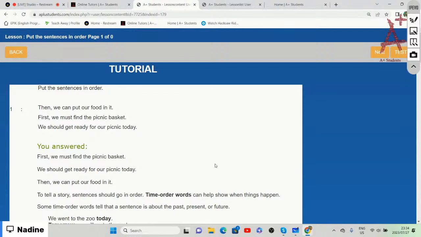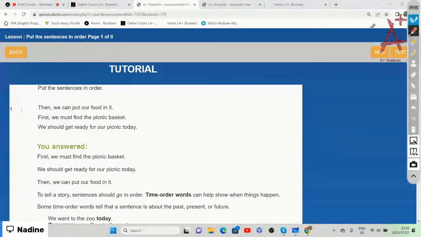So we say we first get ready for a picnic today. Let me put the numbers next to it. We should get ready for our picnic today, which is first. Then we can say we must find the picnic basket, which is second. And then we put our food in it, which is third, right?